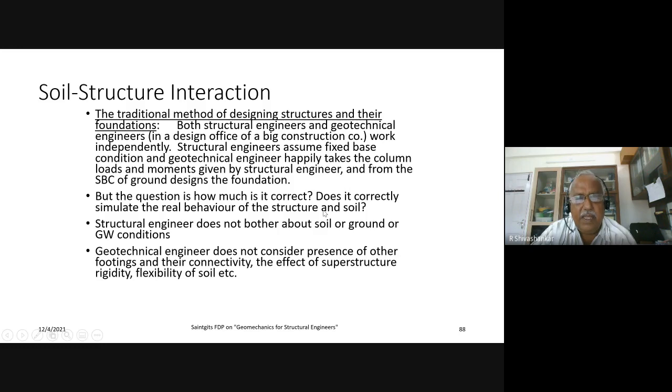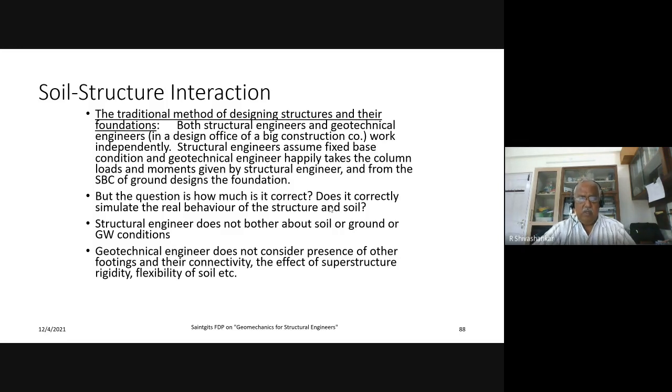This is not the correct method because there are so many columns, so many footings, and even if one footing is not properly designed or constructed, hopefully, then there will be a readjustment of the load. There will not be a total collapse in most of the cases, right?